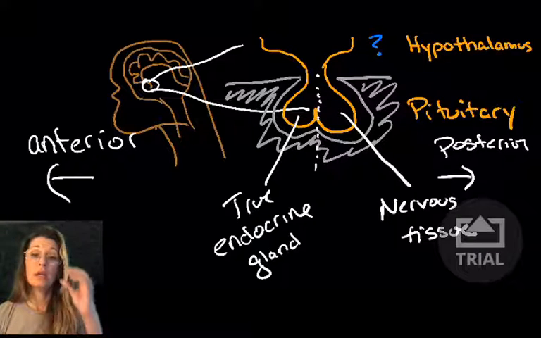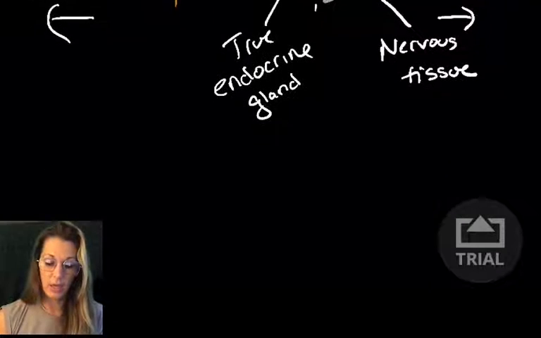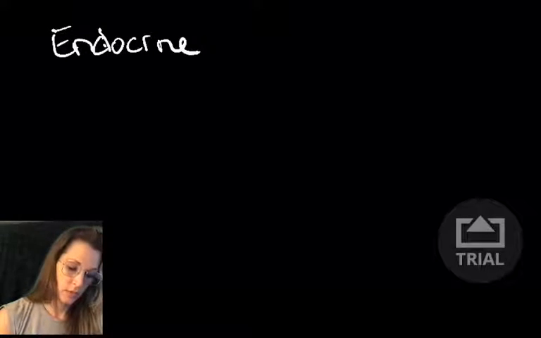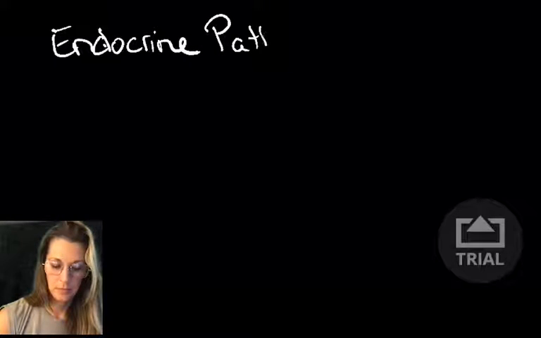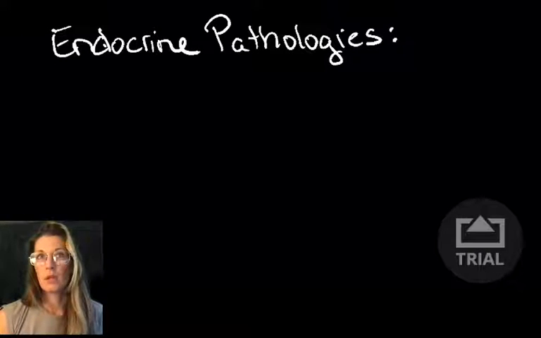Okay, so the pathologies, the things that can go wrong when we're talking about the endocrine system, there should be an I there, endocrine pathologies. I hope that you guys can read my messy writing, or at least since I'm saying it at the same time, that helps. Endocrine pathologies. Okay. What are things that can go wrong?